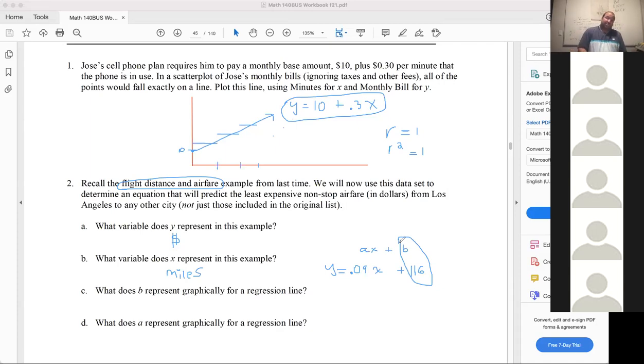Okay, yes. If the distance that you travel is 0, it's going to cost you $116. Now, does that make sense? Yes. Really? If you don't go on a flight at all, it's going to cost you $116? It makes sense in response to the equation, but does it make sense as a practical matter?